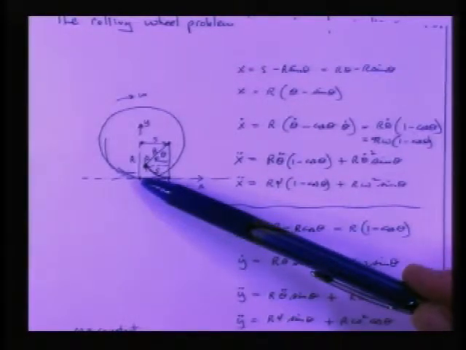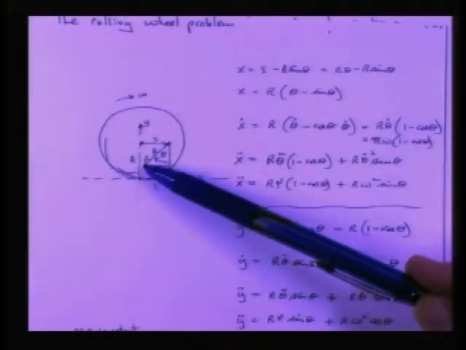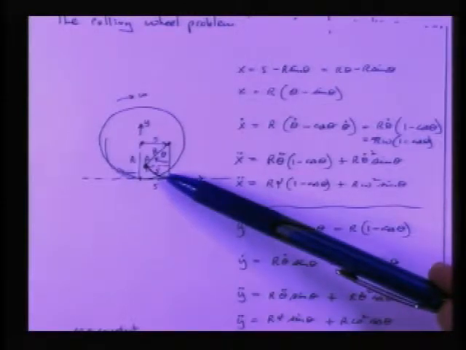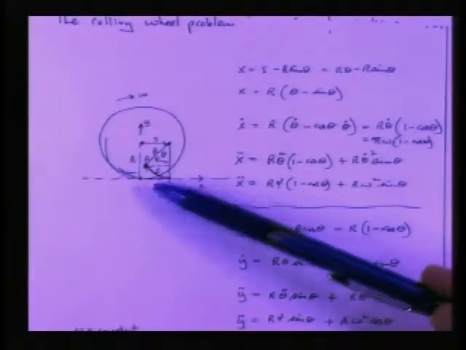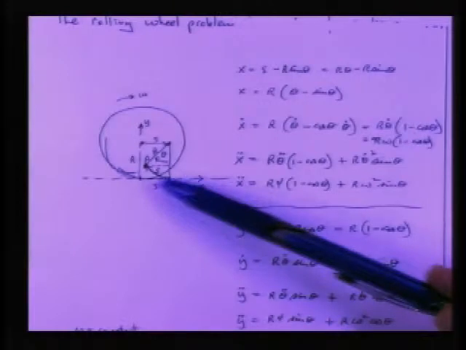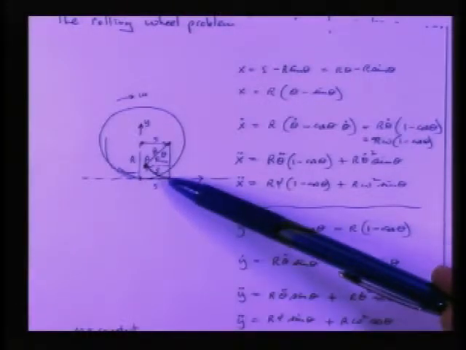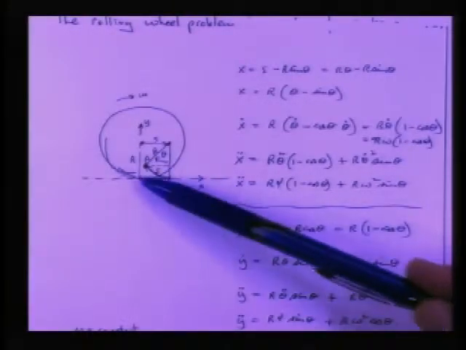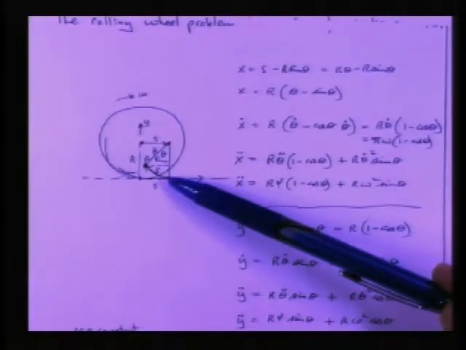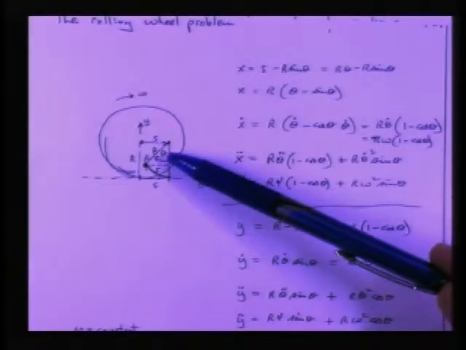Here's the arc length of the wheel that was raised up off the ground, and that arc length is laid down here on the ground. The tread that was just lifted up is laid down on the ground there. And there's the rotation angle theta.